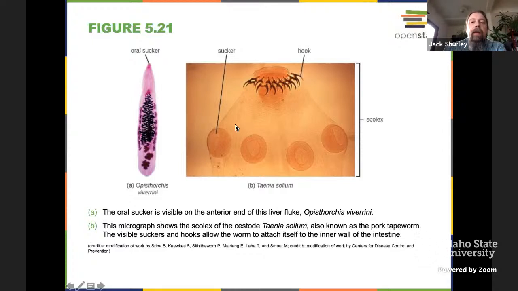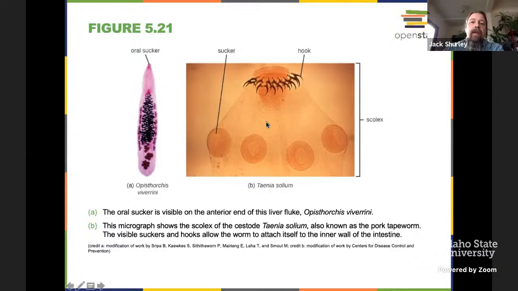They don't have all of the features like we think about, like ourselves, with a complete digestive tract and all sorts of complexities. They're still complex, but they're parasitic and they have very reduced body plans.